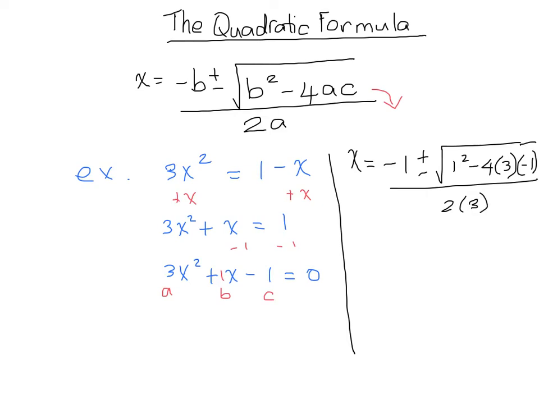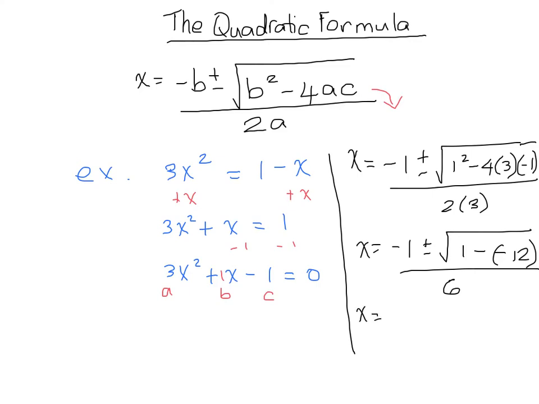Now we can simplify this, and we get x is equal to negative 1 plus or minus the square root of 1 minus, now what do we have here? 4 times 3 is 12 times negative 1 is negative 12, so we want to be very careful with our signs. So negative 12 here, all over 6. 2 times 3 is 6.